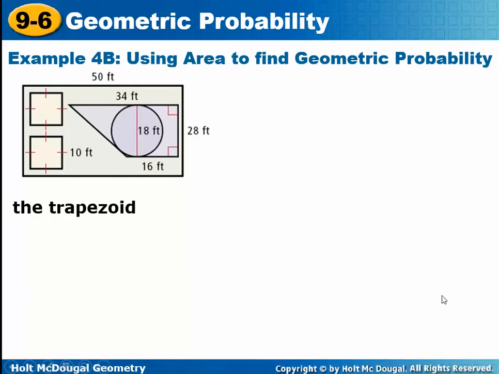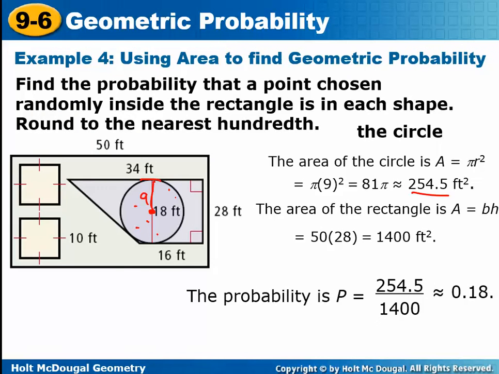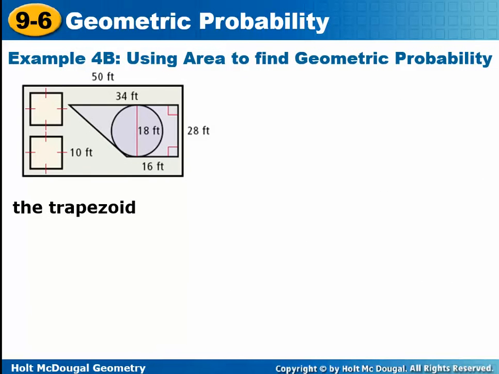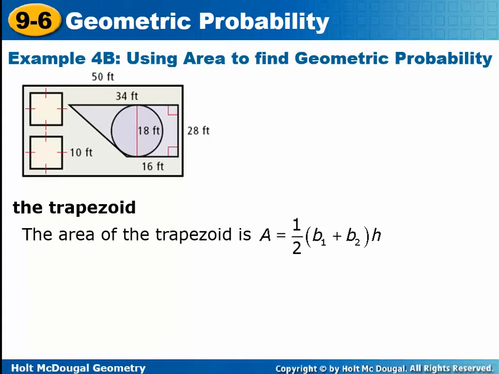Now we can use the same picture and find the probability that a point chosen at random will lie somewhere else. The trapezoid. Now we would expect it to be bigger than 0.18 because the trapezoid is taking up more space. The area of a trapezoid is area equals 1/2 base 1 plus base 2 times the height. We plug in the parts we know.